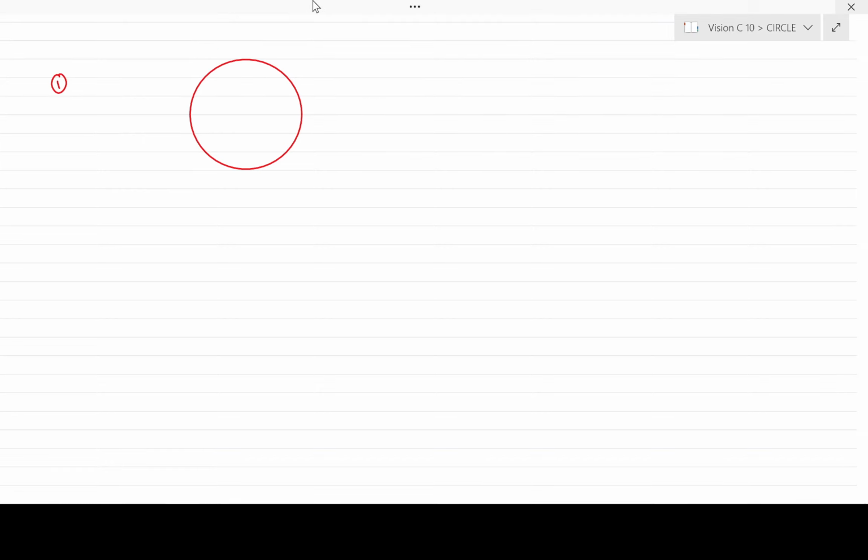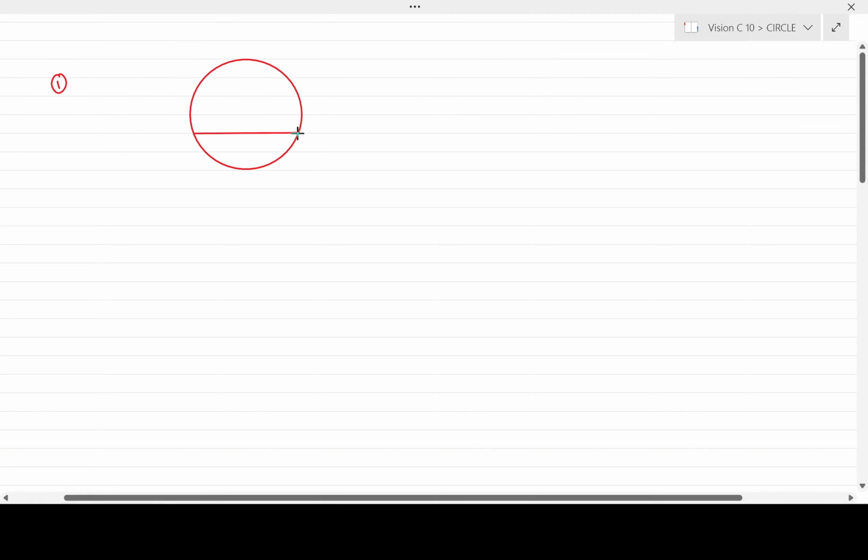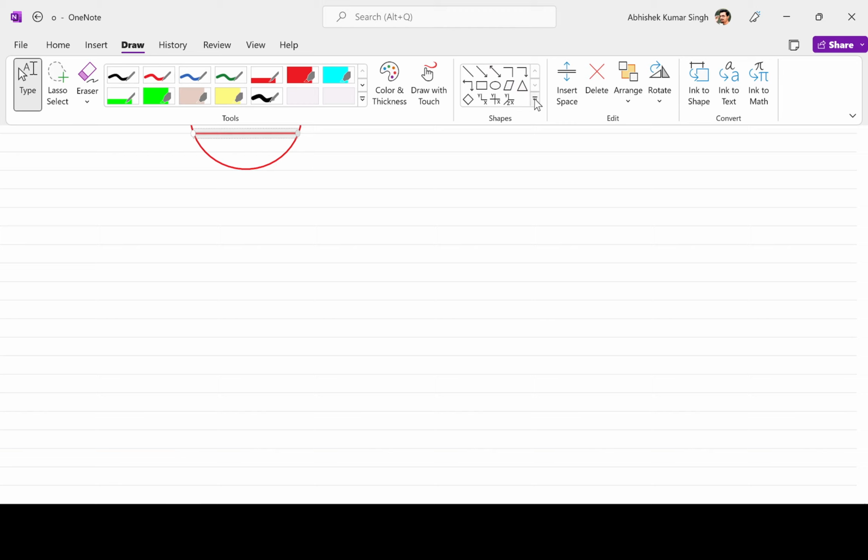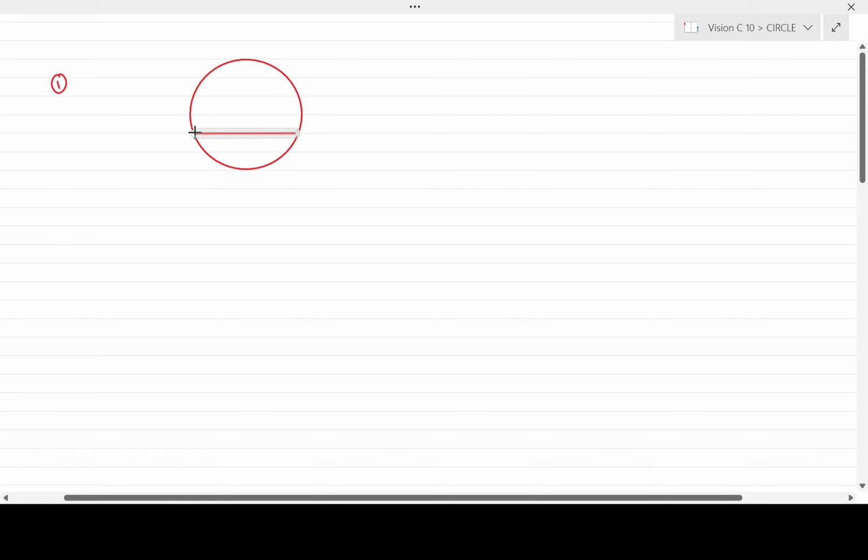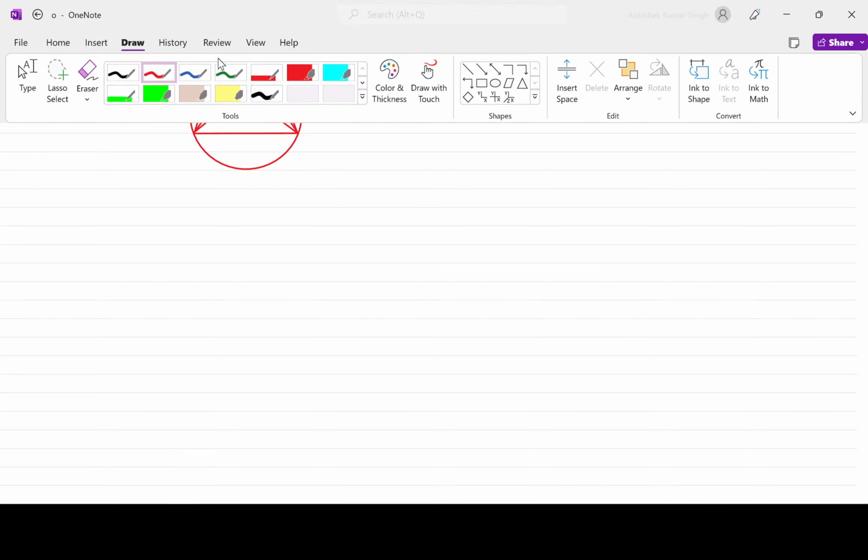So, suppose there is a chord, a single chord subtends multiple triangles, or we can say it subtends multiple angles at the circumference of the same circle, as you can see here.